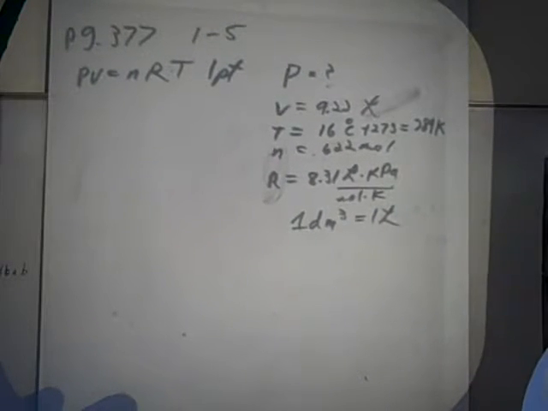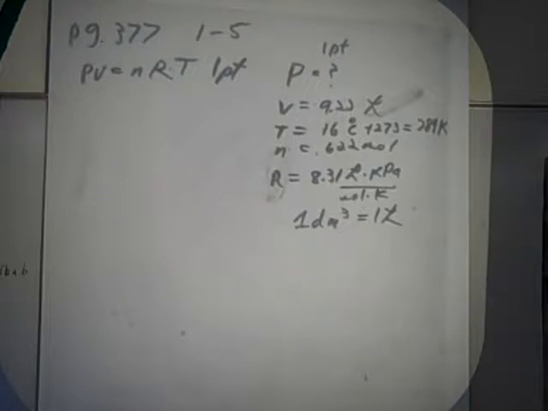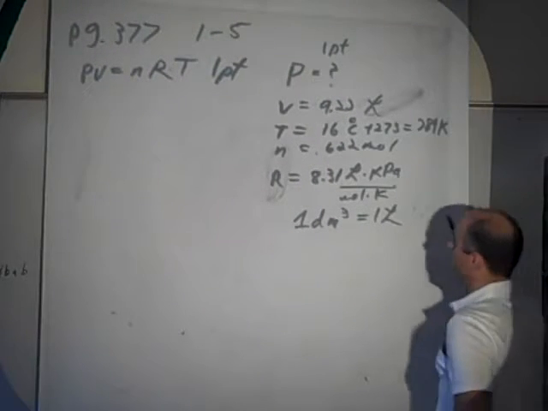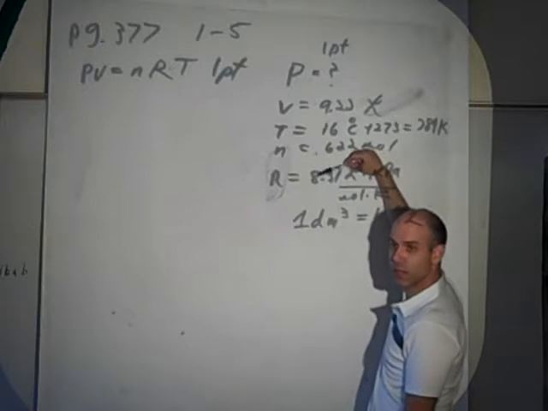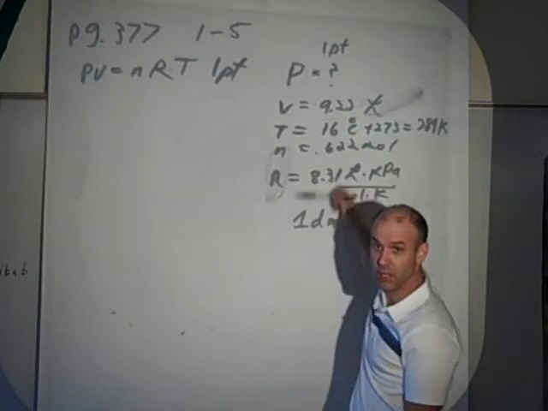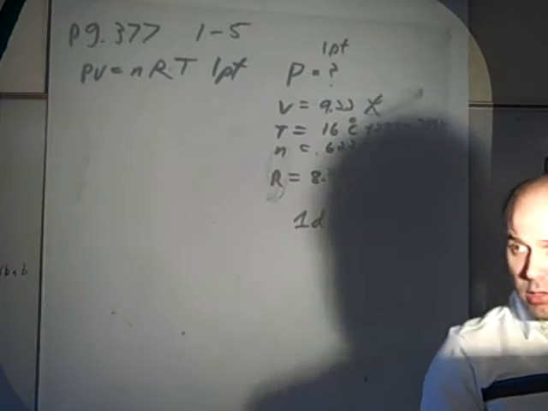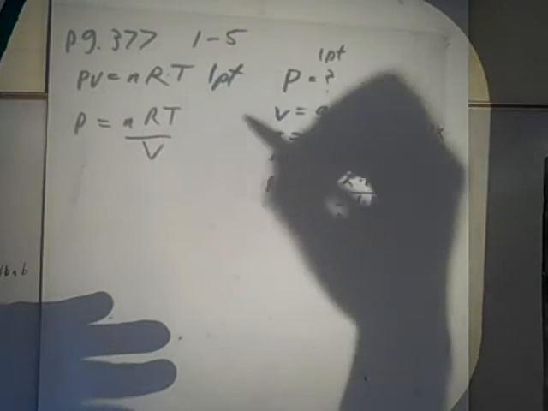So 1 point for writing down everything you know. We do this to help you identify which equation. You've got P, V, T, and n, and the only equation that has those is the ideal gas equation. Then I do my algebra, worth 1 point.